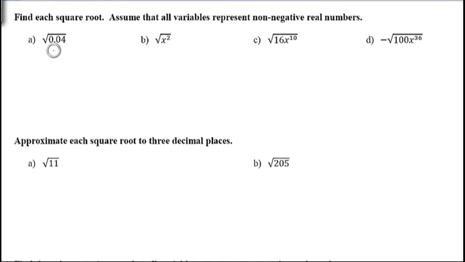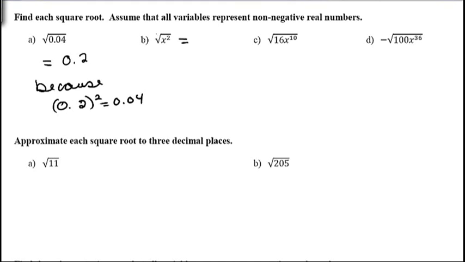So our first example is the square root of 0.04, and this one you could actually do on your calculator, but it's 0.2. If you square 0.2, you'll get 0.04.